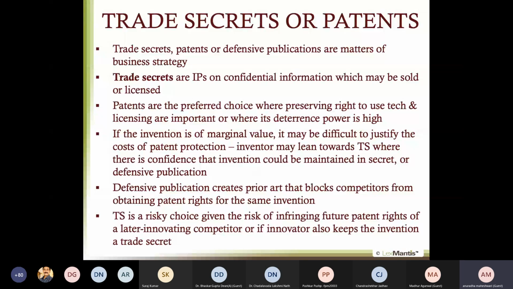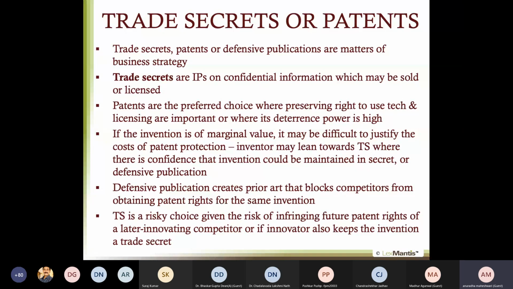So that technology becomes part of the domain of known knowledge. So this automatically prevents anyone from seeking a patent on that particular technology. So it's like this. I am also not going in for a patent for my technology. I am also not allowing you to go in for a patent for your technology. So this is the benefit of defensive publication.